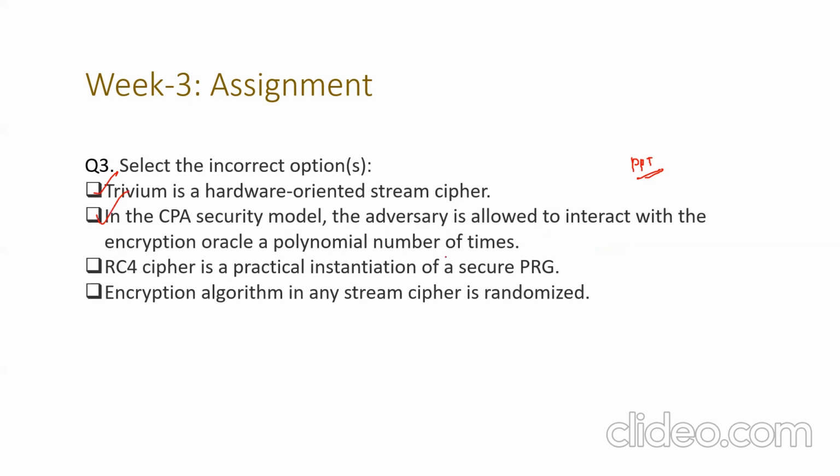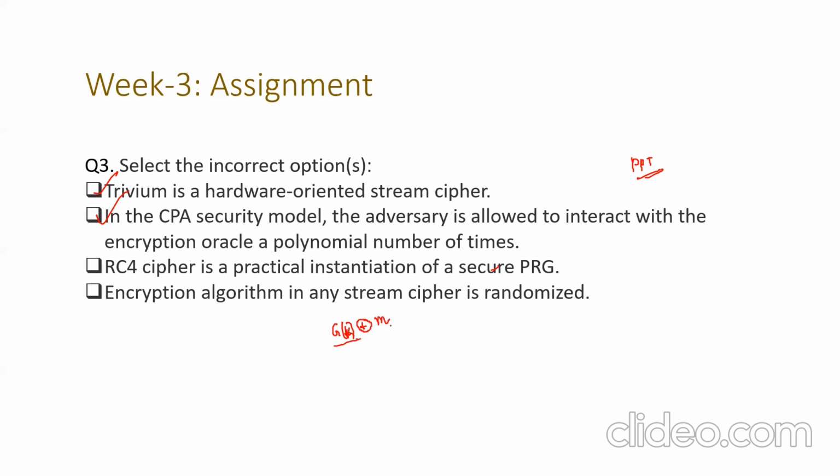RC4 cipher is a practical instantiation of a secure PRG. This is not correct because RC4 has been proven to be not secure. And the last option, encryption algorithm in any stream cipher is randomized. We already discussed that for a fixed key K, the PRG output, or the pseudo-random stream G of K, is fixed because G is a deterministic algorithm.